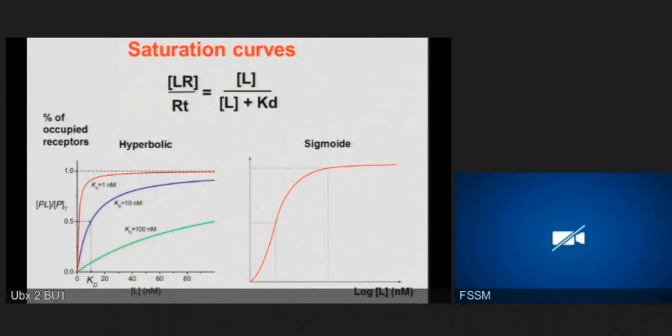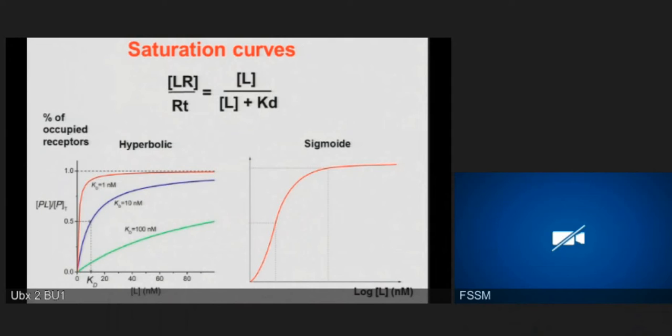So it allows to shrink the x-axis. But at the end, this is exactly the same. If you transform a hyperbolic curve with a semi-logarithmic representation, then you get a sigmoid curve.